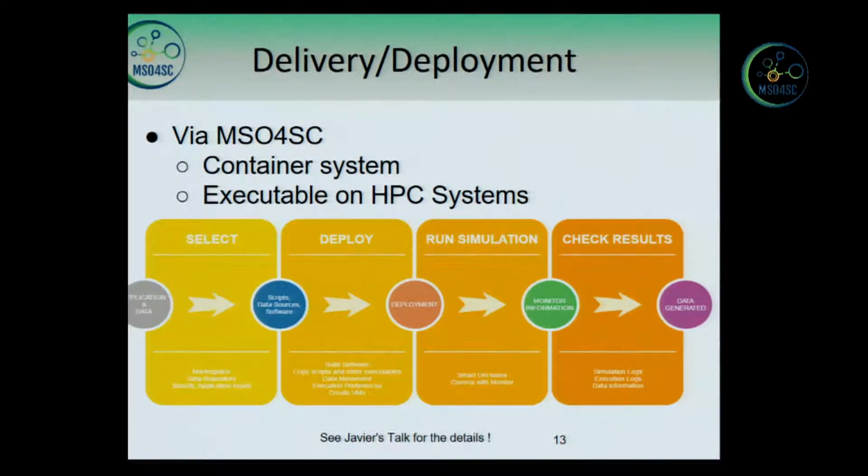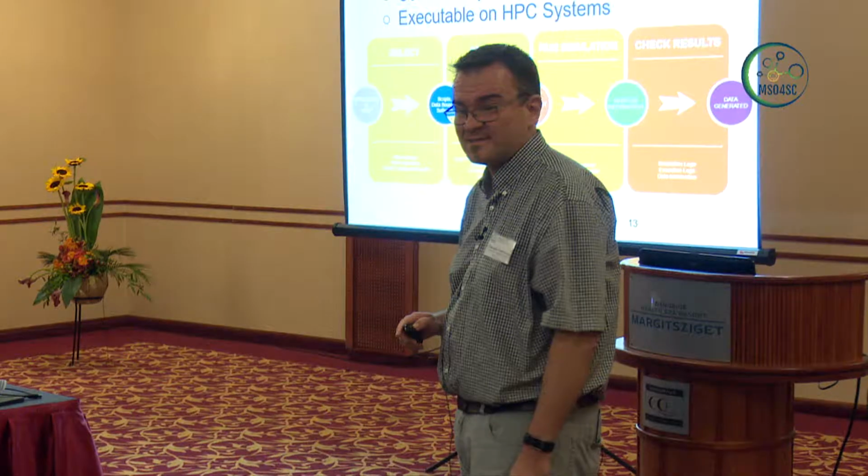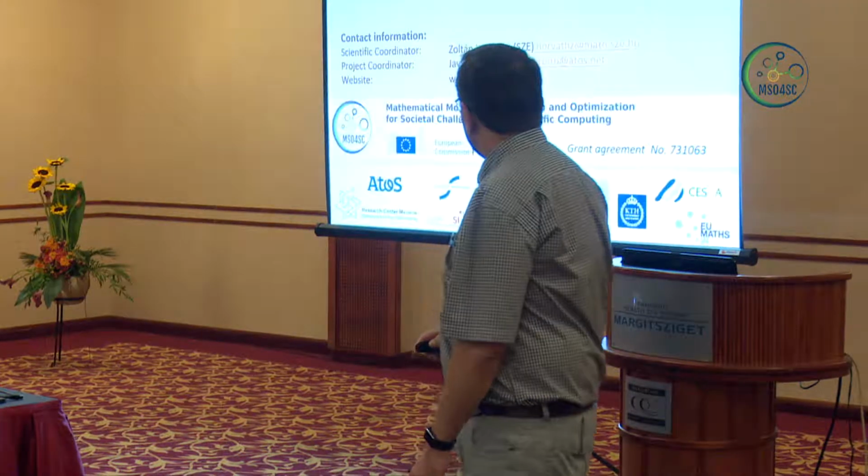So here we are going to use the MSO4SC infrastructure, and Javier Camero will present the entire pipeline, which should look like this, with 4 main stages, where you start here from the MSO portal to the deployment on the compute nodes, running the simulation, making sure that everything is all right, and then visualization here. So that's what we are going to discuss this afternoon, right?